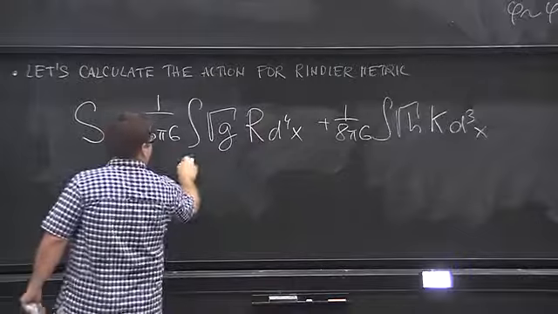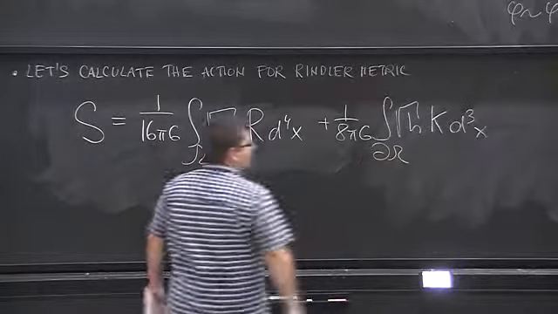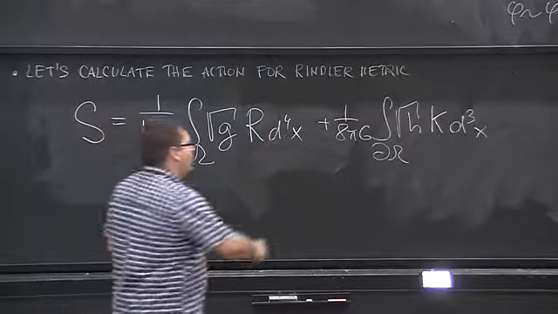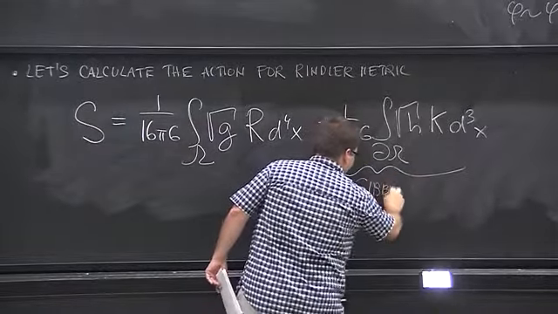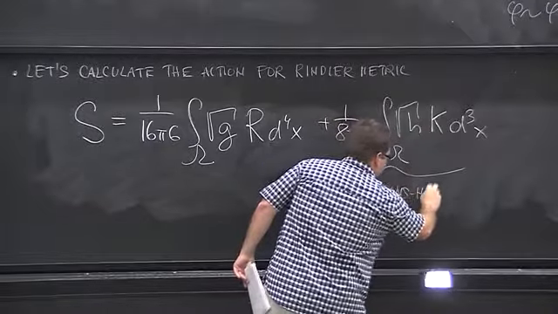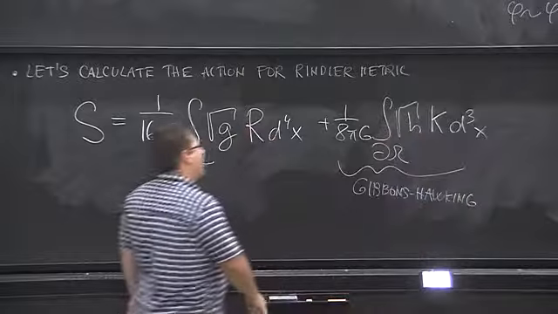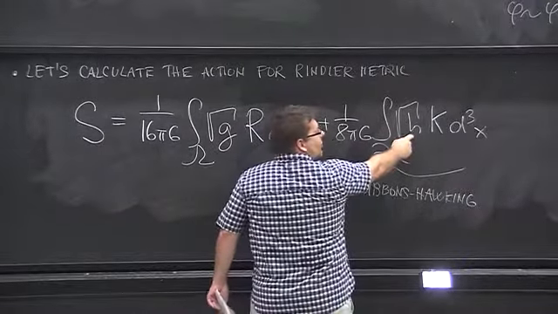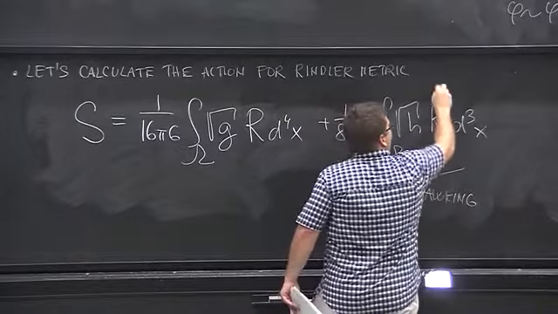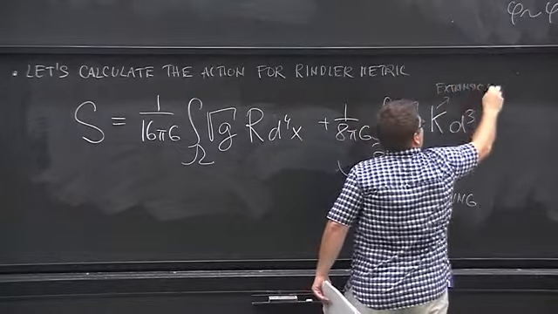So the first is an integral over the spacetime manifold. This is an integral over its boundary. And this is the Gibbons-Hawking term. And h is just the determinant of the 3-metric on the boundary. And K is called the extrinsic curvature.